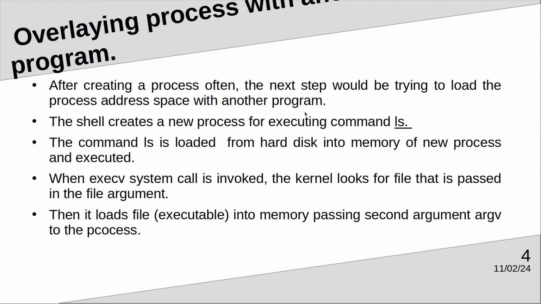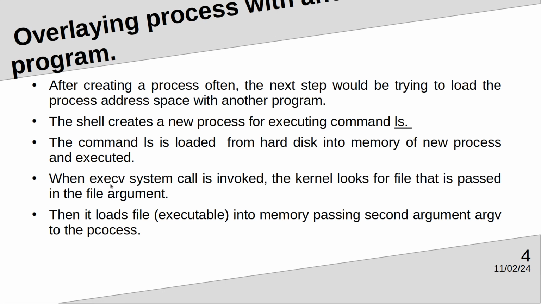Means a new process is created, so space should be allocated for the new process. The shell creates a new process for executing the command ls. The command ls is loaded from hard disk into memory of the new process and executed.